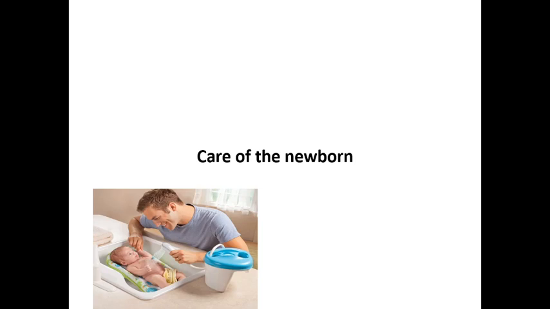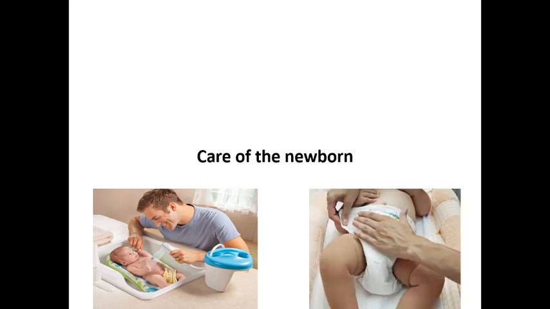The baby has to be kept clean. If napkins are used, they have to be clean, properly washed, and frequently changed, or else the baby can develop napkin rashes and other infections. If diapers are used, they have to be changed from time to time and the area has to be properly cleaned and kept dry.